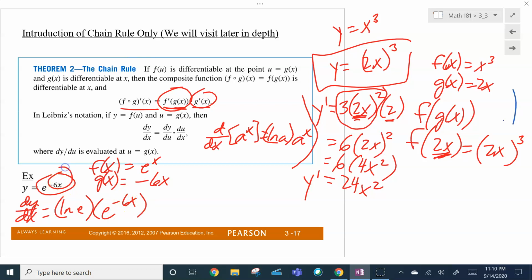But notice, it's not just an x up there. This is a composite function. It's negative 6x, so I have to take the derivative of negative 6x, which is just negative 6 times the derivative of x, which is 1. ln e is just 1, so this just becomes negative 6 e to the negative 6x. And that's your y prime. That's your derivative.